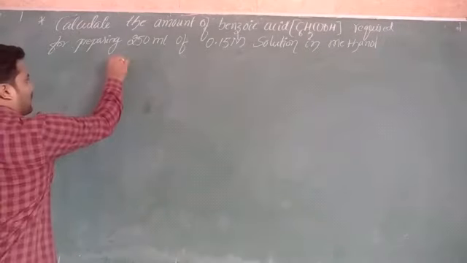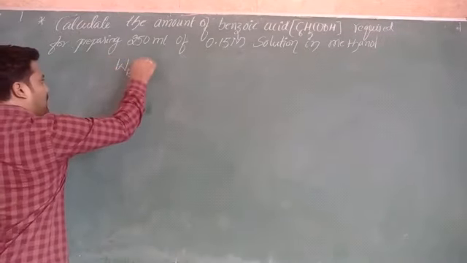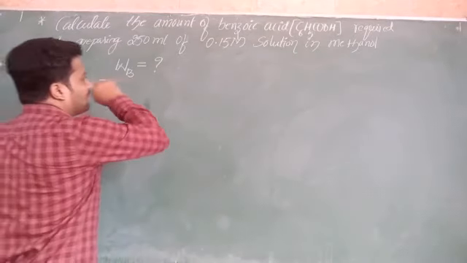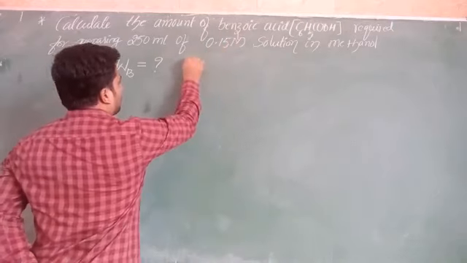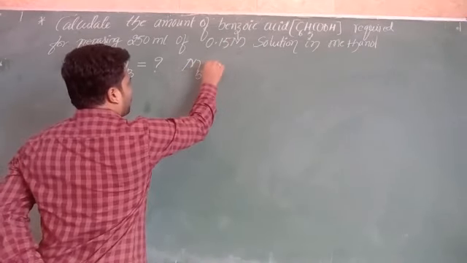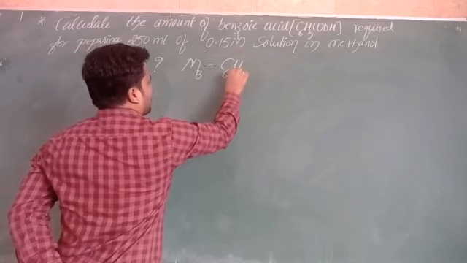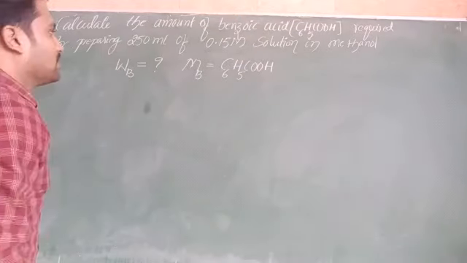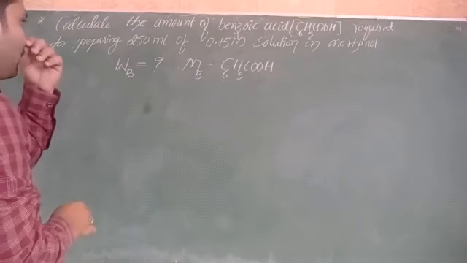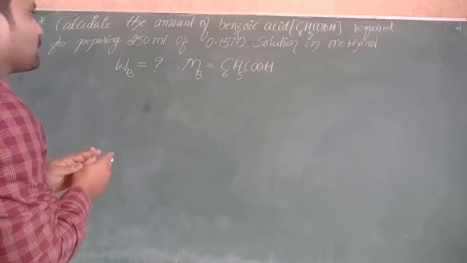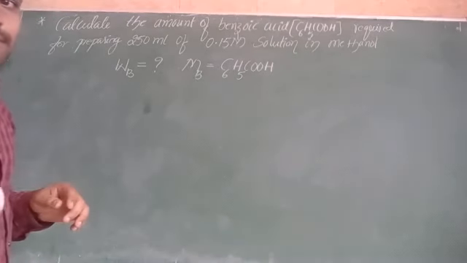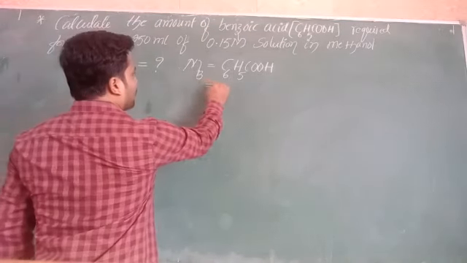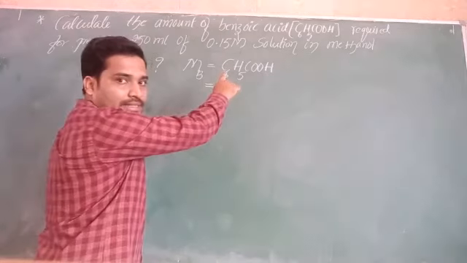That means they are asking us to calculate WB, that is the amount of solute. What all things have they given? First they have given benzoic acid. Let's calculate the molecular mass of benzoic acid, that is C6H5COOH. Here carbon is 6 plus 1, that is 7.